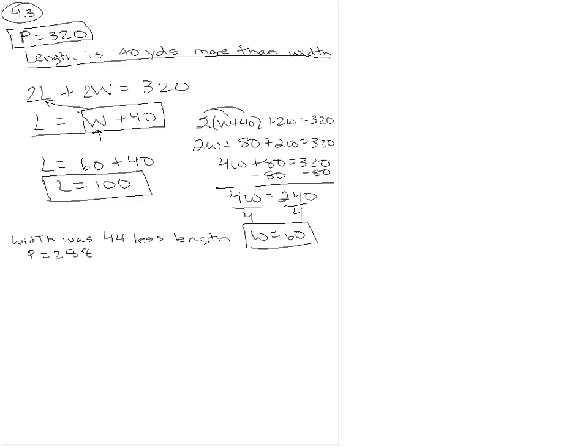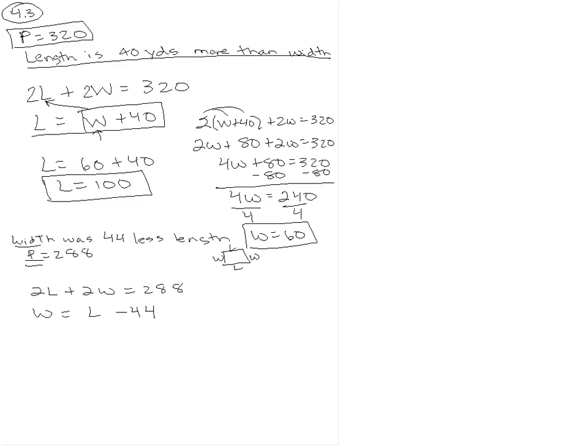Okay, same thing. Perimeter is distance all the way around. You have two lengths and you have two widths. So for this, 2L plus 2W has to equal 288. Width is or was 44 less than the length.